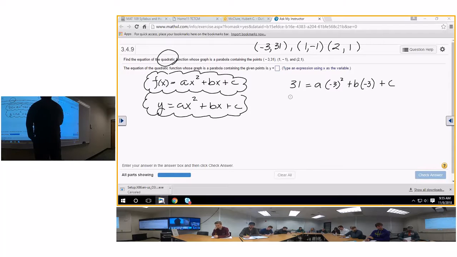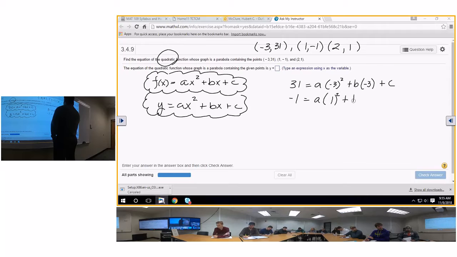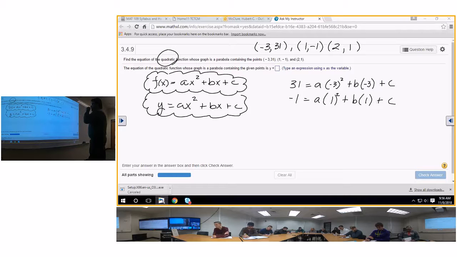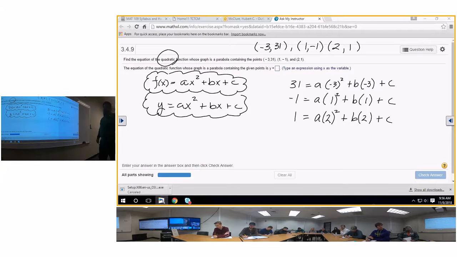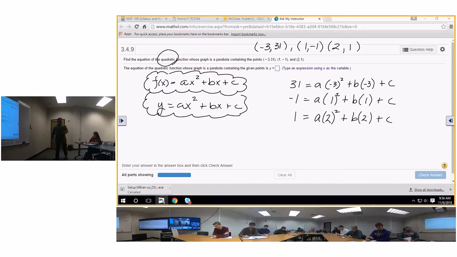And -1 is equal to a times 1 squared plus b times 1 plus c. And 1 is equal to a times 2 squared plus b times 2 plus c. Everybody with me? Yep. So everybody should be able to handle that much.